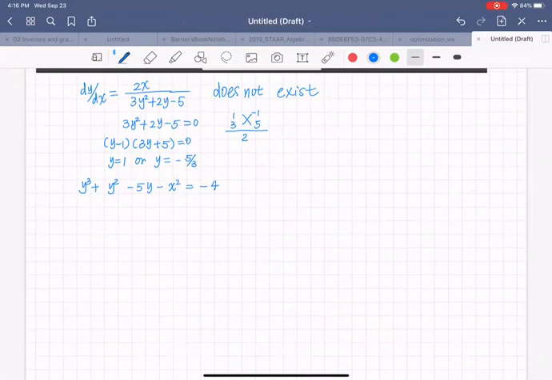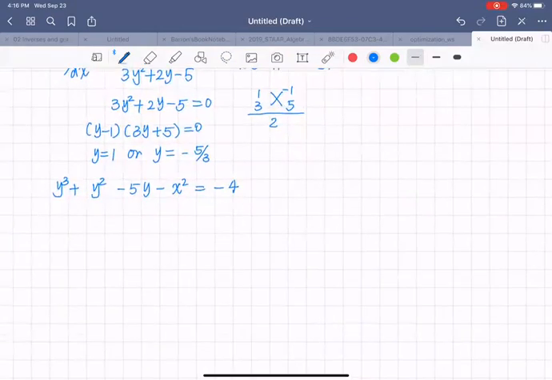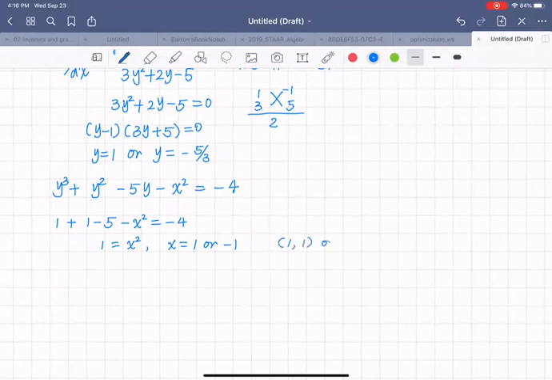Now, when y equals 1, this is 2 minus 5 is negative 3. Negative 3 plus 4 is 1. 1 equals x squared. So x equals 1 or negative 1. So those 2 points are (1, 1) and (-1, 1).